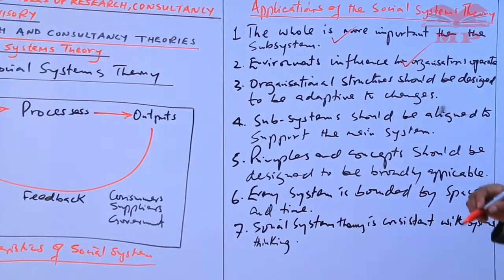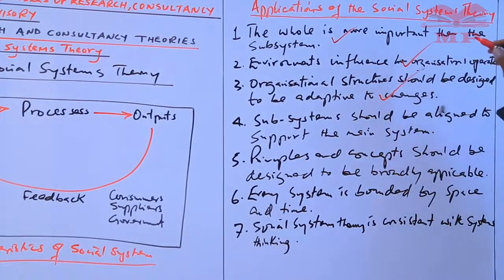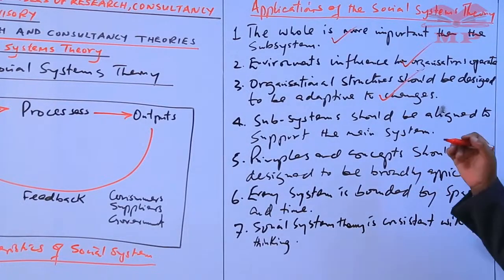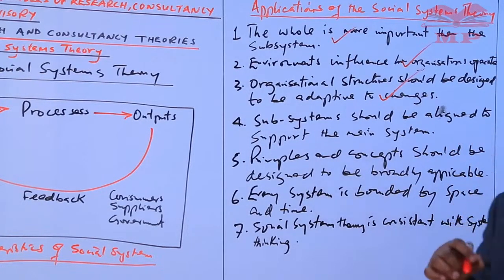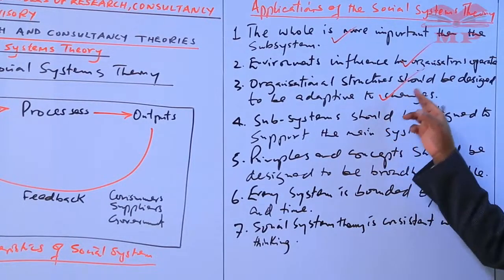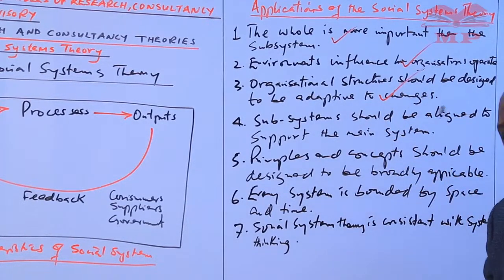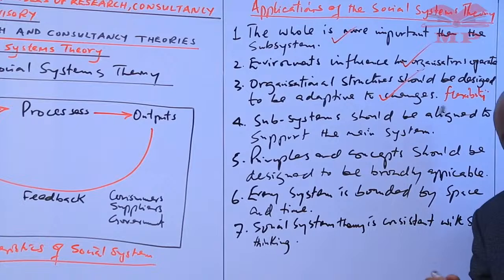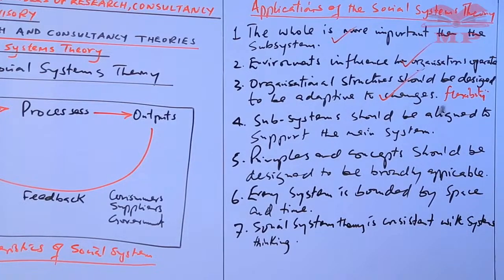Then thirdly, organizational structures should be designed to be adaptive to change. So this social systems theory can inform those designing organizational structures so that the structures are designed with an element of flexibility and can adapt to changes. Then four, subsystems should be aligned to support the main system.